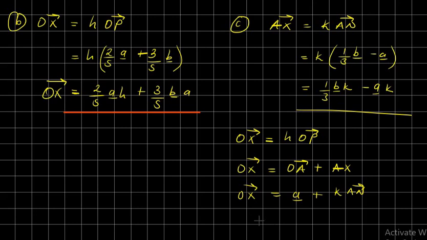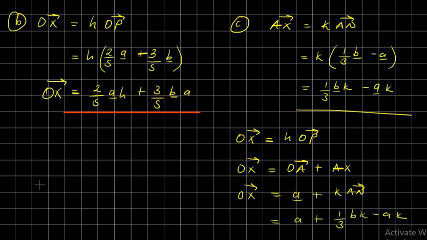Then we are going to have the vector A plus 1 over 3 BK minus AK. Do we have any like terms here? No, we don't, and so that will give us the vector for this particular question.